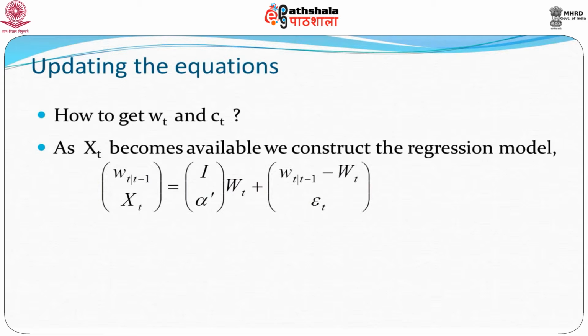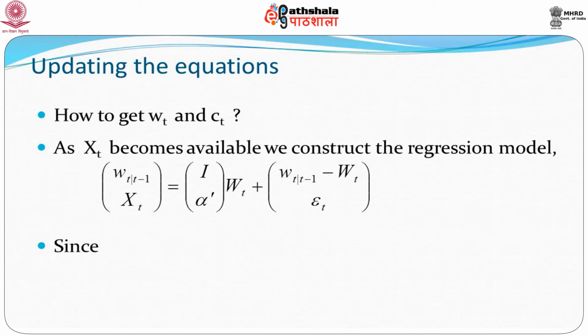As for the last equation, it is xt is equal to alpha prime Wt plus epsilon t, but that is exactly what we have in the model. So, we can take this together. The first is a set of identities which we put slightly differently, taking Wt given t minus 1 as capital Wt plus Wt t minus 1 minus Wt, and the second as the original observation equation itself.